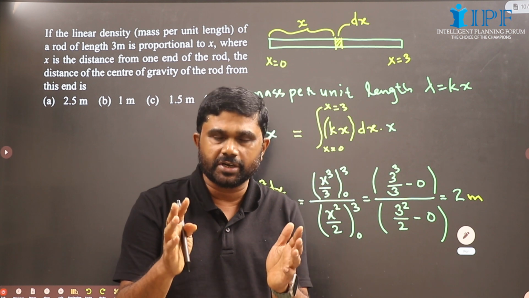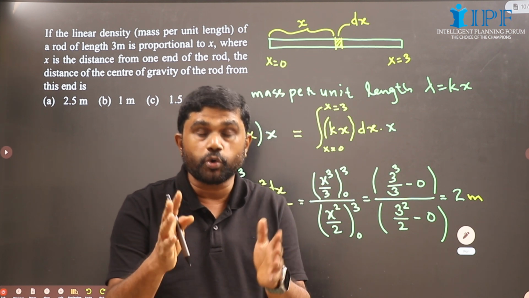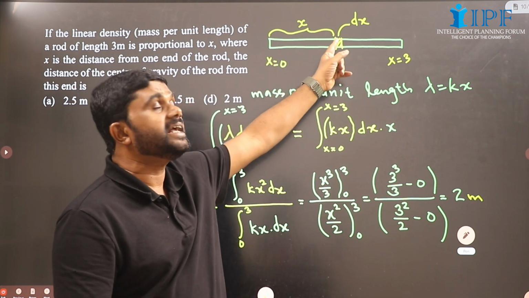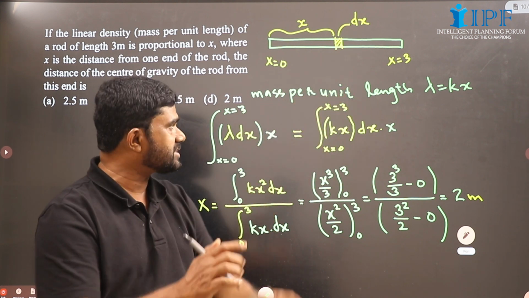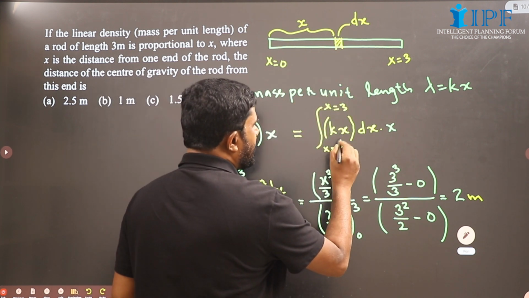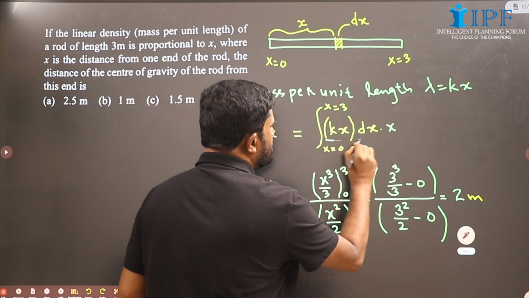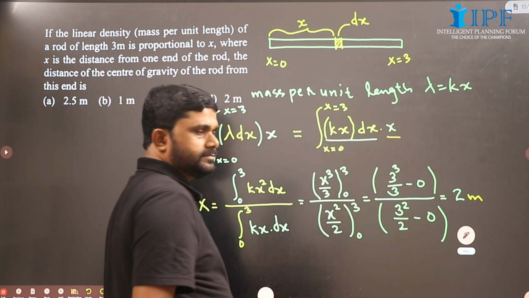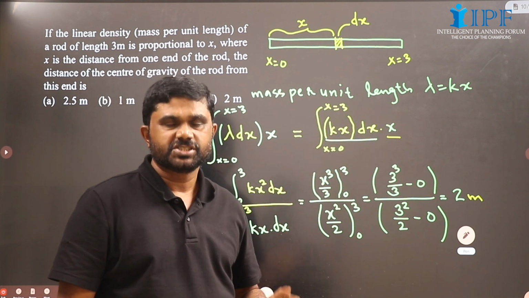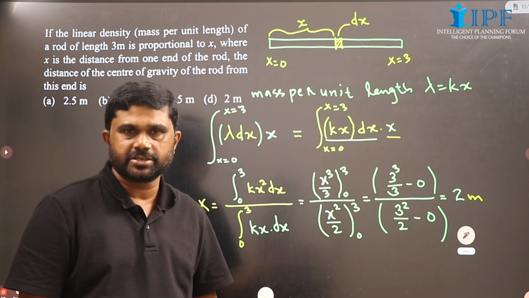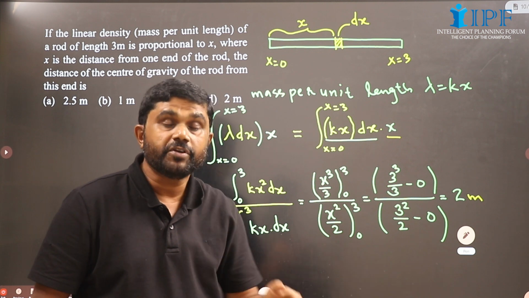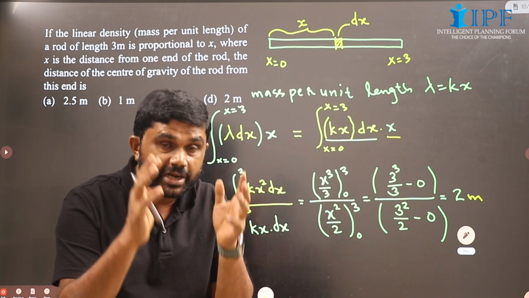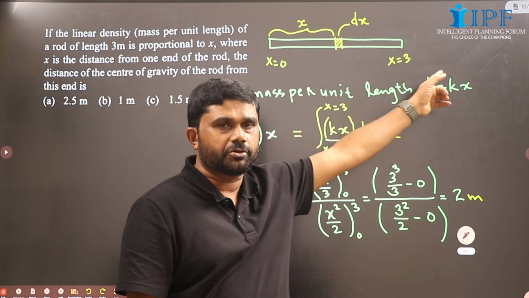Then what would be x1? Its distance from the origin is x. So m1 x1 will be kx into dx, that is m1, and this stands for x1. This is m1 x1. Similarly, we have to take the next element, then the next, taking all possible elements from x equal to 0 to x equal to 3.